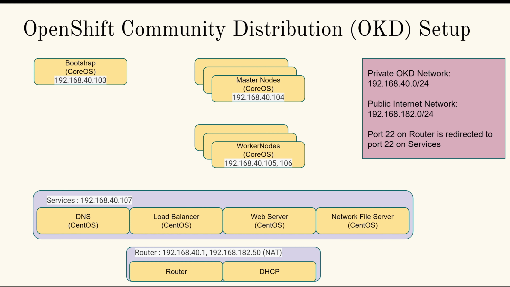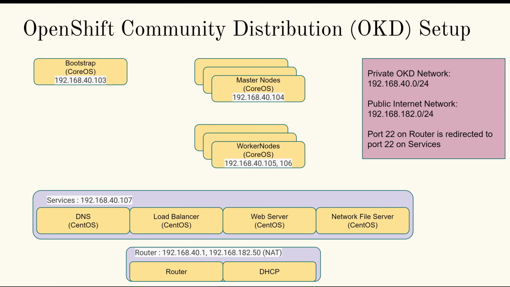And this system will not only function as a router but also a DHCP server for the entire network of all other machines. So whatever IP addresses you are seeing for all these machines, including services, worker nodes, master node, and Bootstrap, they were all served by the DHCP server on the same 192.168.40 network.